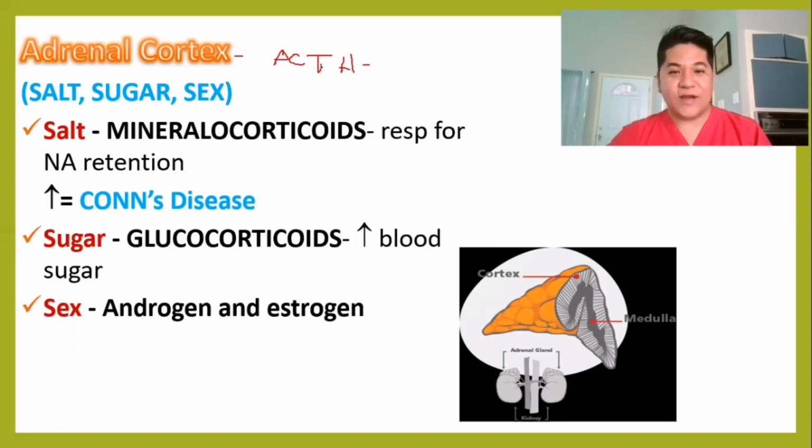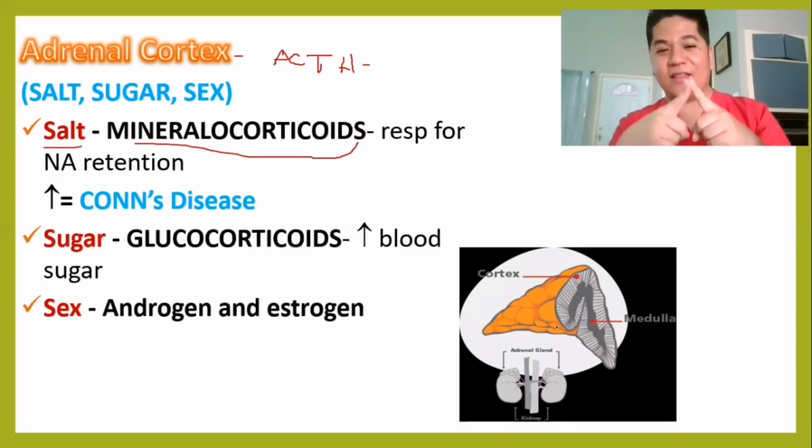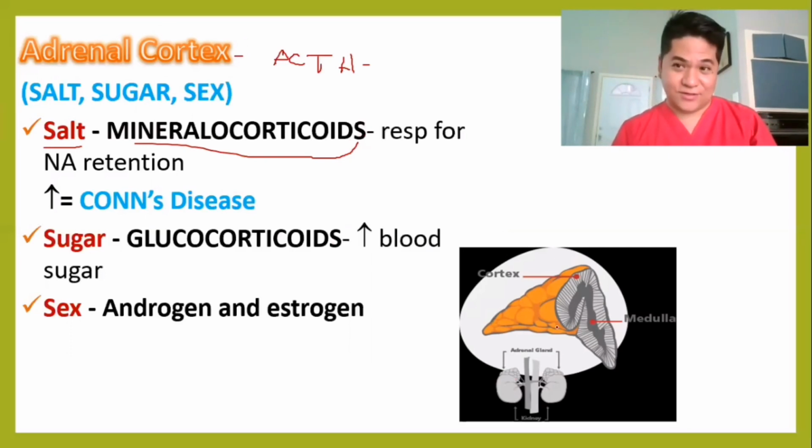If you're stressed, you will secrete a lot of sugar, sodium, and your other hormones as well. Now talking about the salt or the sodium, the mineralocorticoids are responsible for sodium retention. Therefore, if there is sodium, there is water, and they are happy together, increasing your blood pressure.